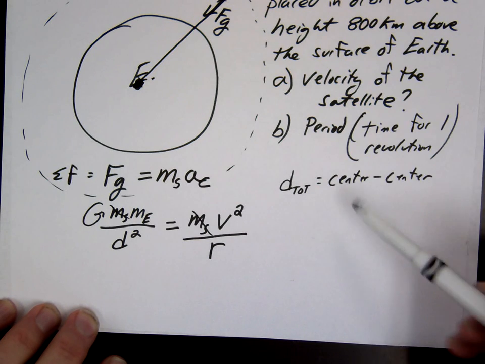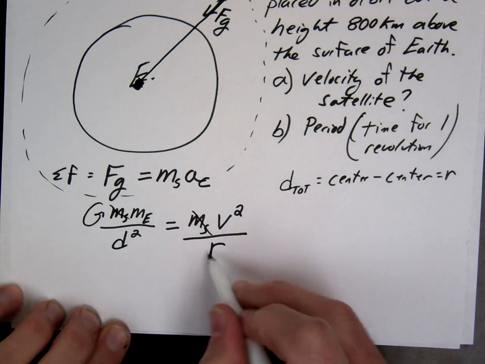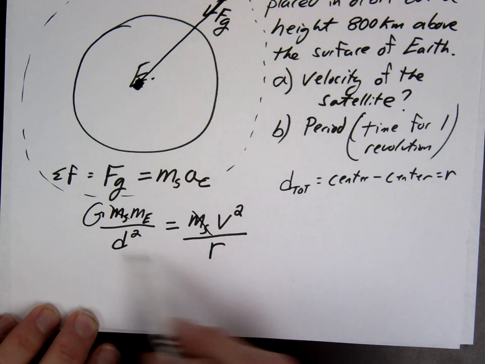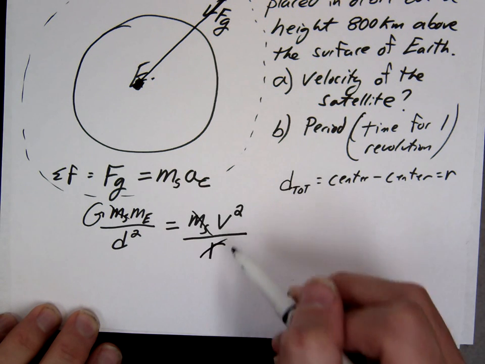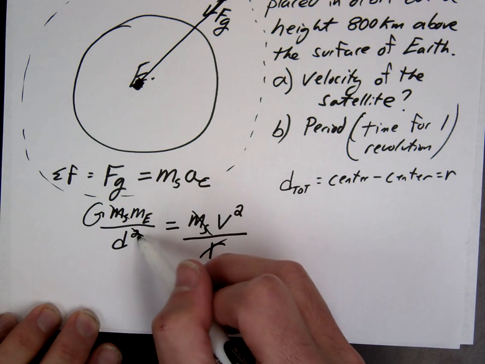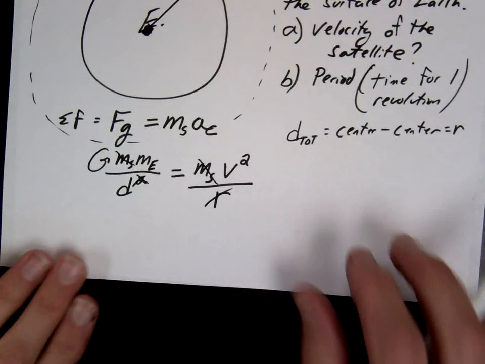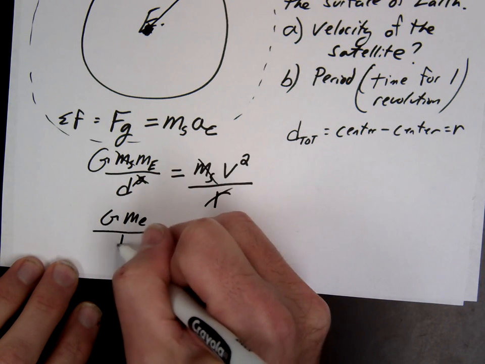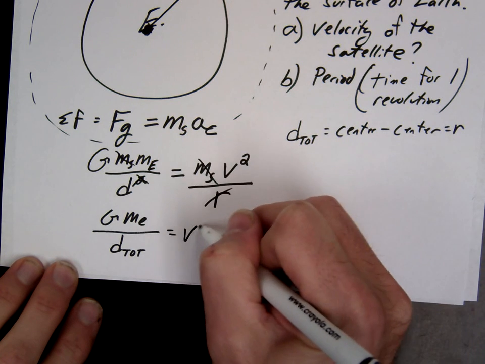So d total, center to center, is also the r we have down here. These two things are exactly the same, so we can cancel out one r and one d. So let's see what we're left with. G m Earth over d total equals v squared.